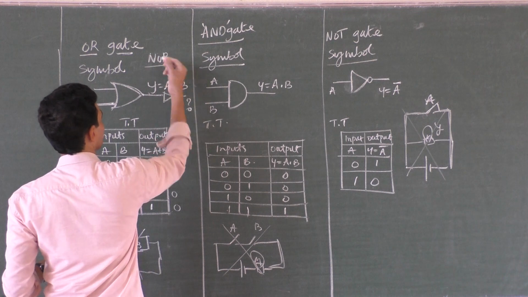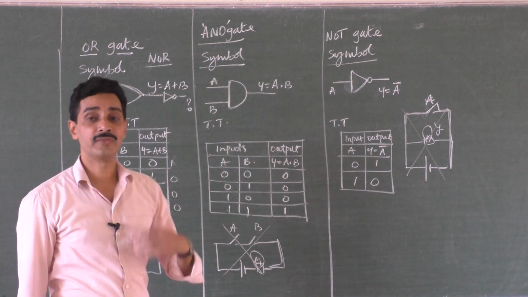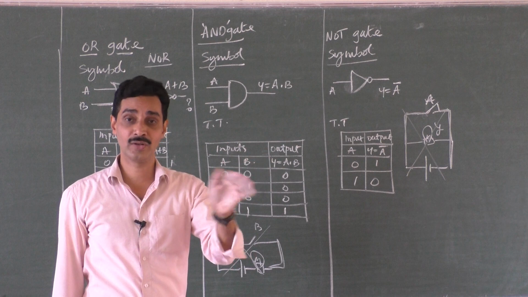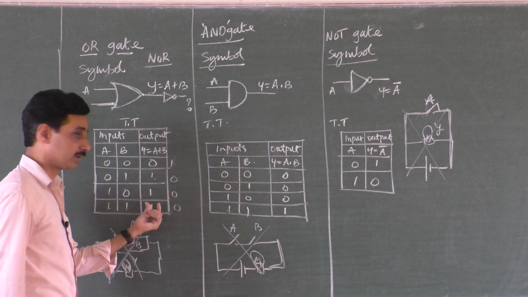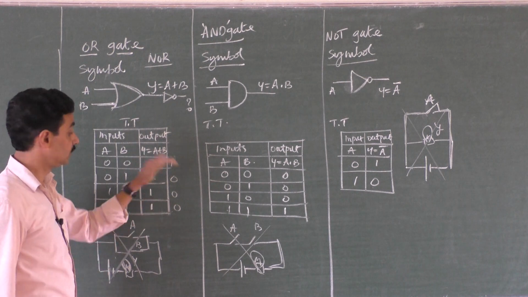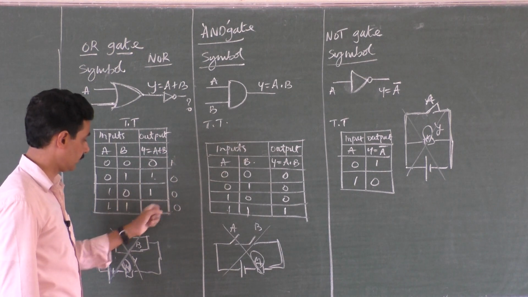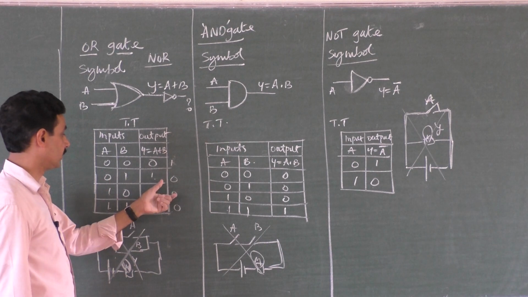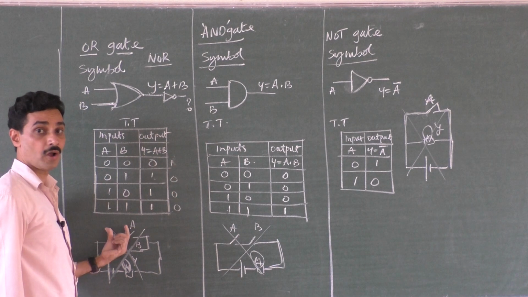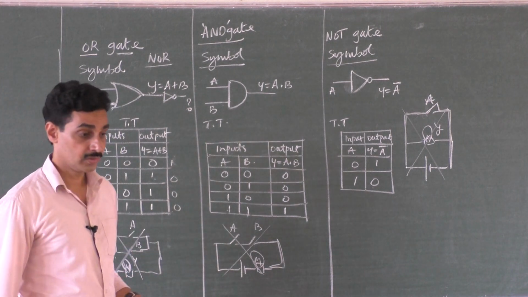See the name, NOR: NOT OR. You have the OR gate output, and it is not the output. Reverse: 0, 1, 1, 0, 1, 0, 1, 0. That means when one of the inputs is 1, output is 0. Output is 1 when both are off, not on. So that is called NOR gate.